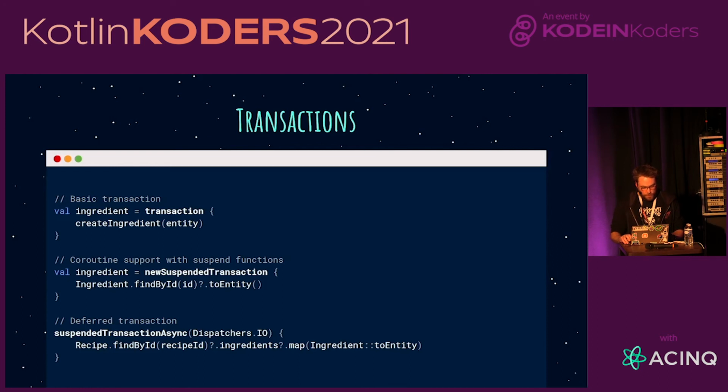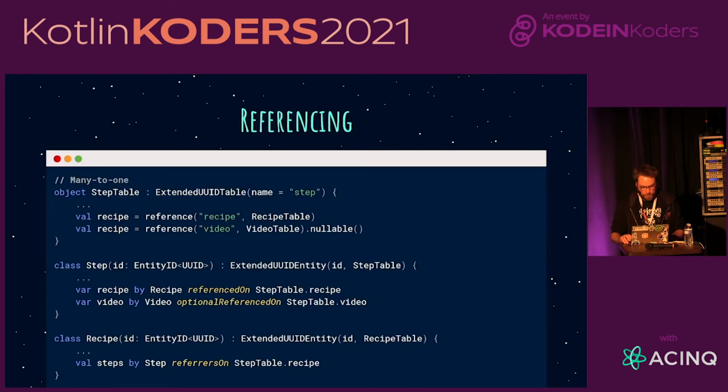Okay, so we were talking about a Postgres database, some CRUD operations, and PostgreSQL is a relational database. So let's see some referencing here and how we can manage a many-to-one relation. For example, my step table will have a reference on the recipe, because that's a step for a recipe.